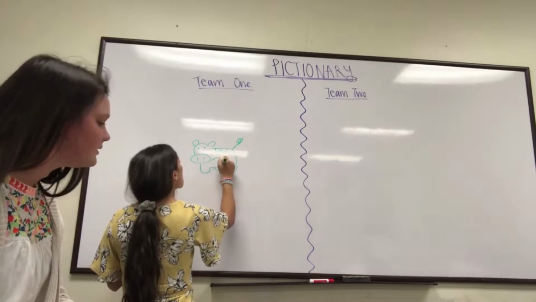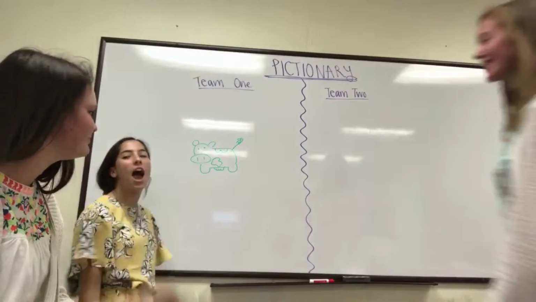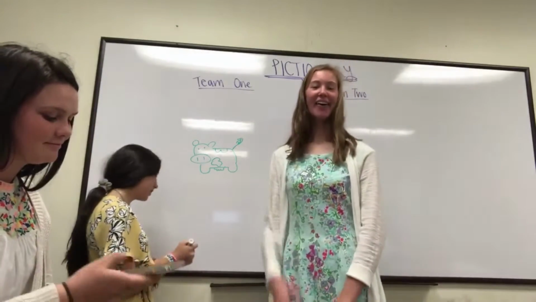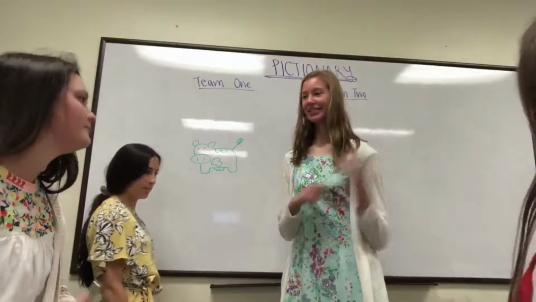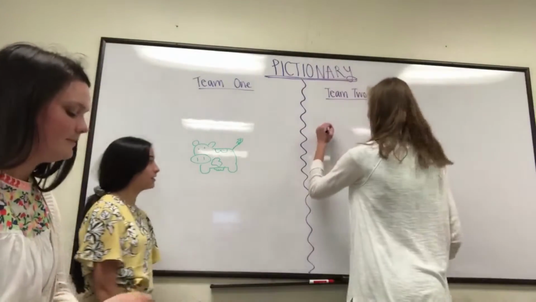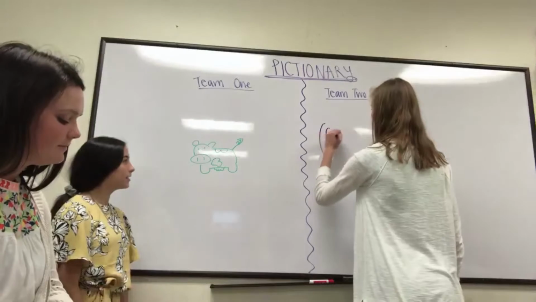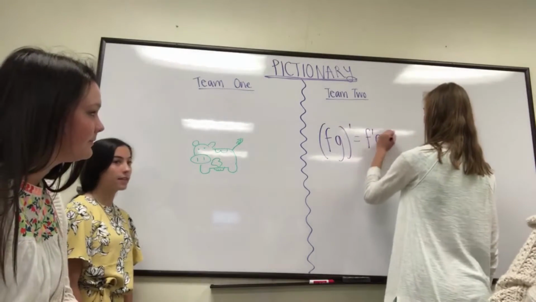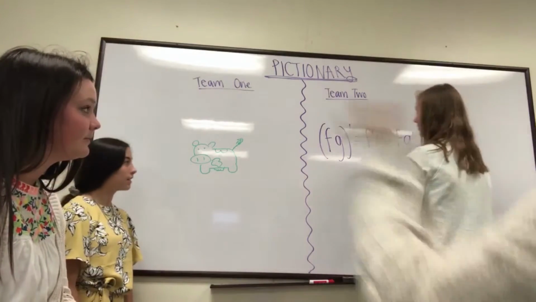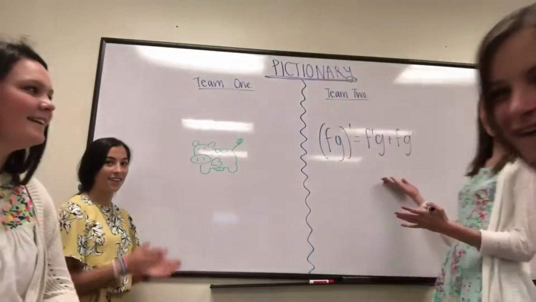A horse? Oh darn. It was a cow. Time's up. Now I will go with our mathematician, Sophie Goldberg. Begin. Prime's rule! Yes! Yay! Correct! Woohoo!